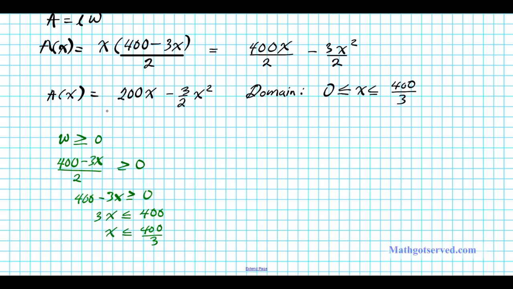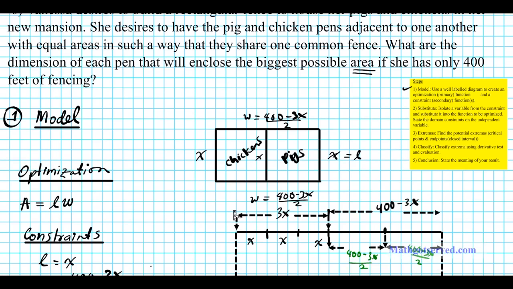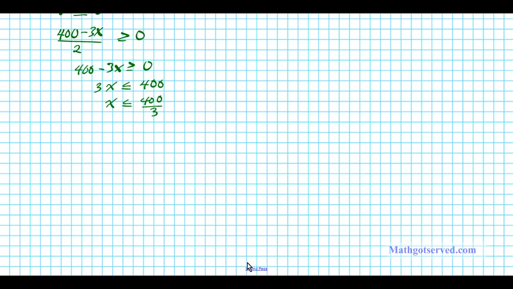All right, so we have the function and the domain. Next, part 3, we want to find the extremas. The extremas are our critical points and endpoints. So step 3, we want to find the extremas. To be precise, we're looking for potential extremas.